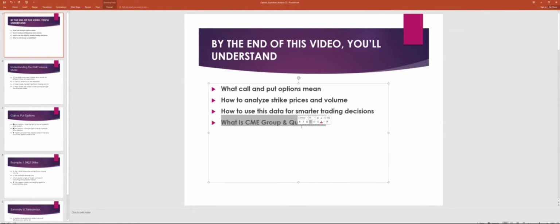First of all, I want to tell us what CME is, the Chicago Mercantile Exchange. The CME is the largest derivative exchange in the world, where traders speculate and hedge on the forex, commodity, stock, futures, and also options. Let me take that again.